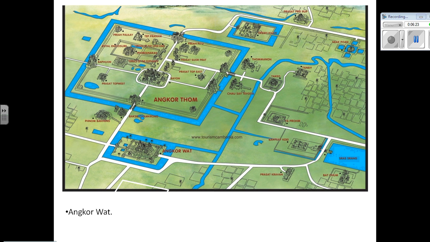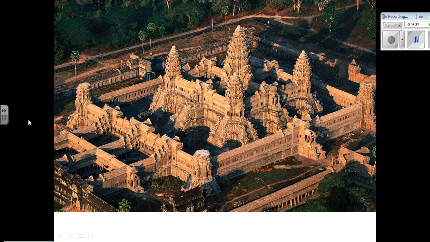So we're going to look at Angkor Wat first. Angkor Wat is probably the most famous temple complex from the Angkor site, and this is what it looks like.